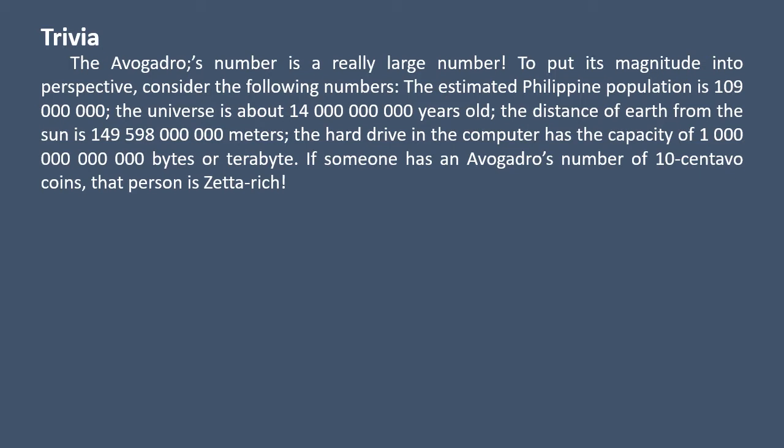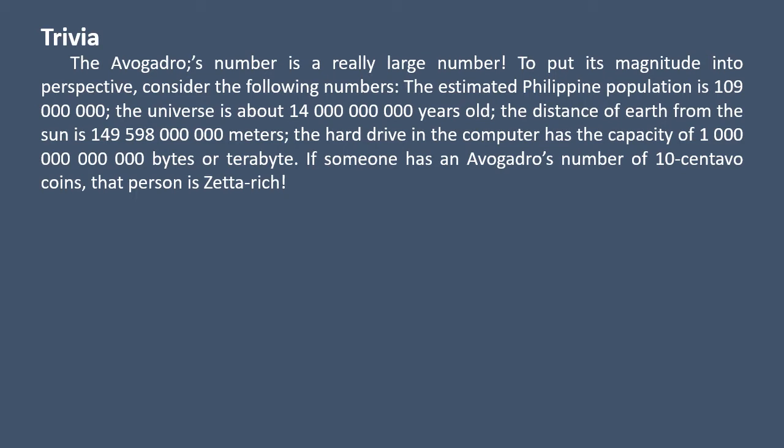The distance of Earth from the Sun is 149,598,000,000 meters. The hard drive in the computer has the capacity of 1 trillion bytes or terabytes. If someone has an Avogadro's number of 10 centavo coins, that person is zetta rich.